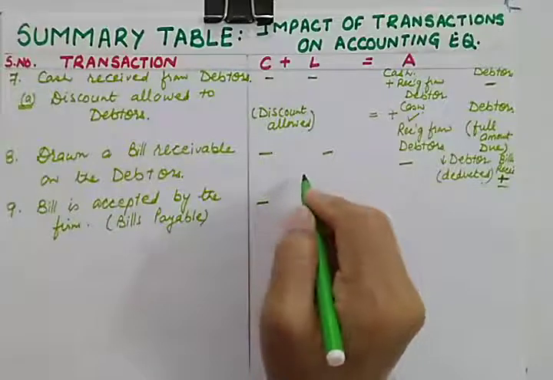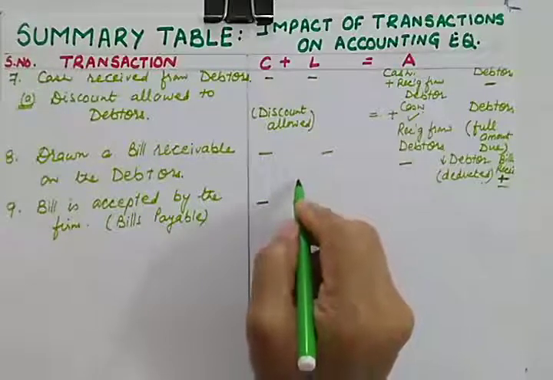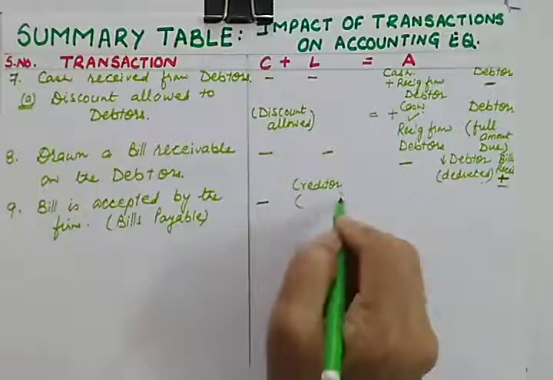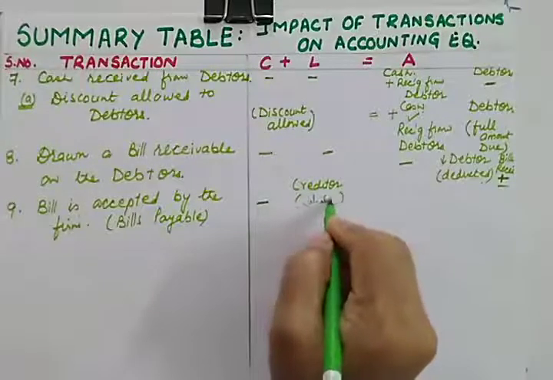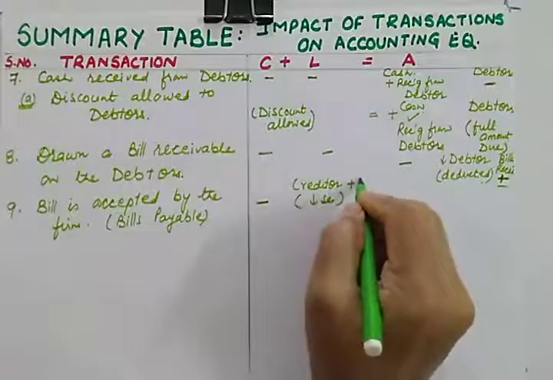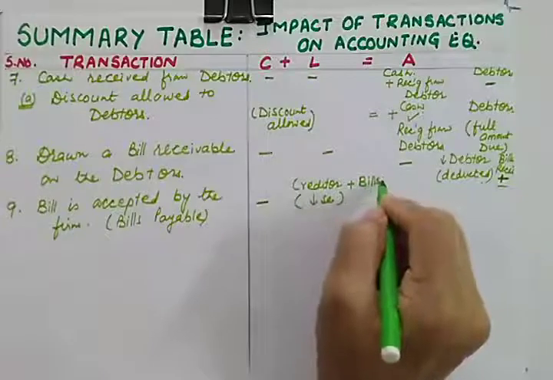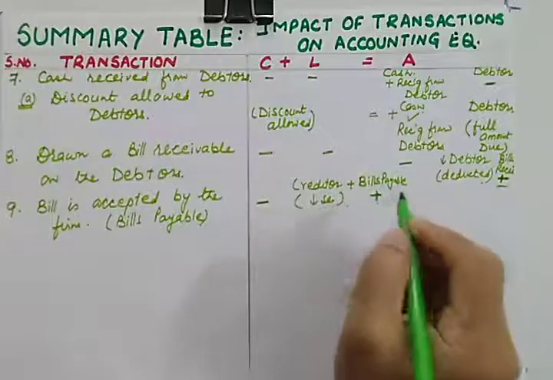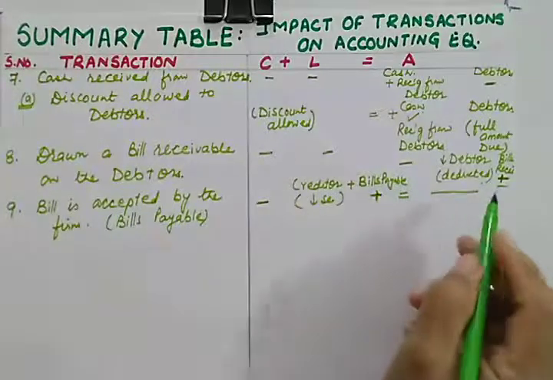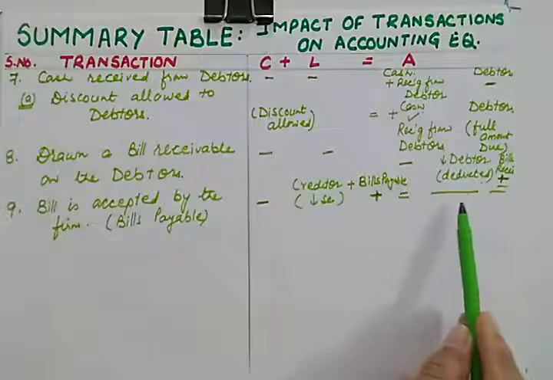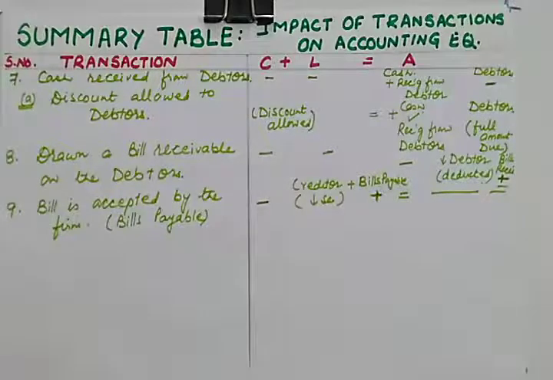On the liability side, your creditor will reduce, deducted from the creditor, and a new item. What is the name of this new item? The name of this new item is bills payable, will be added on the liability side, and there is no change on the asset side, or you can say that the right hand side will not be affected.